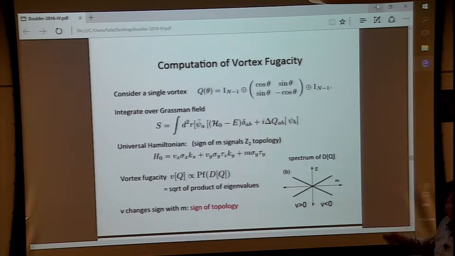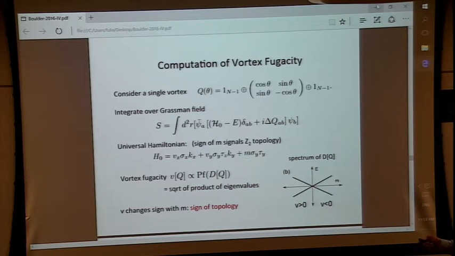When the order parameter has a vortex configuration, we integrate out the fermions to obtain the contribution for that vortex configuration. Again, I'm not going into details, but it turns out that in the presence of this general order parameter winding, this particular problem is basically an antisymmetric matrix. You can define the Pfaffian of the antisymmetric matrix.